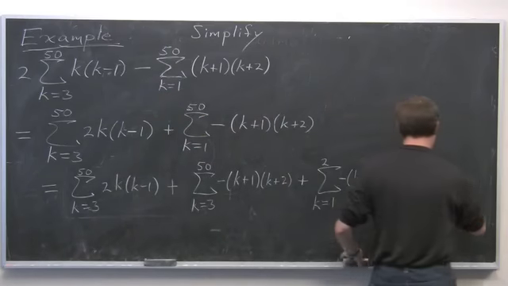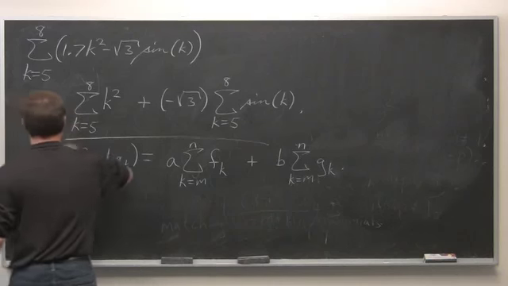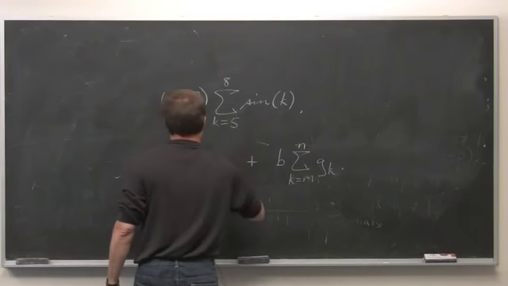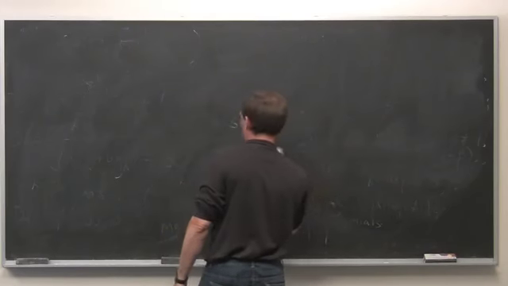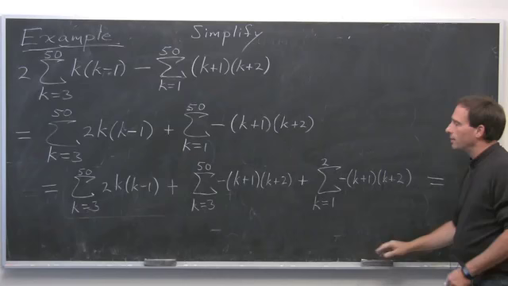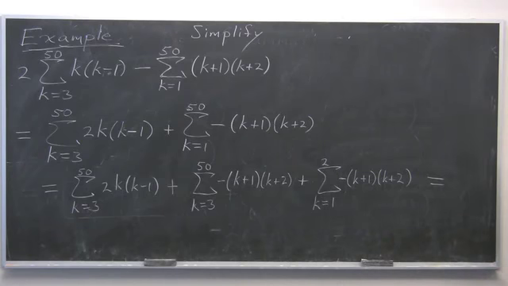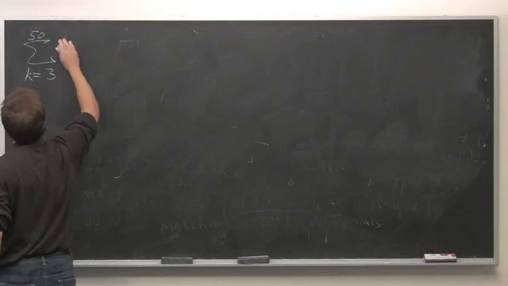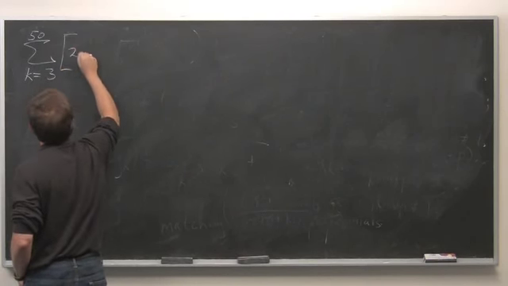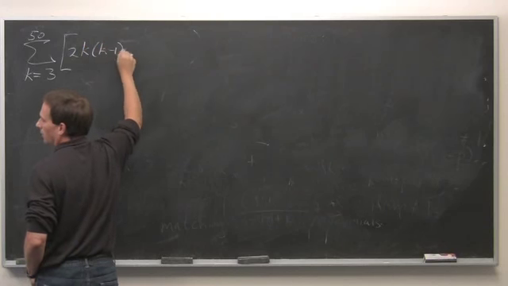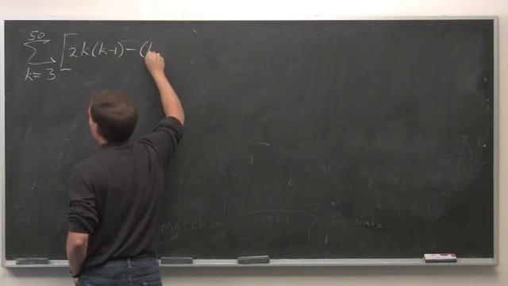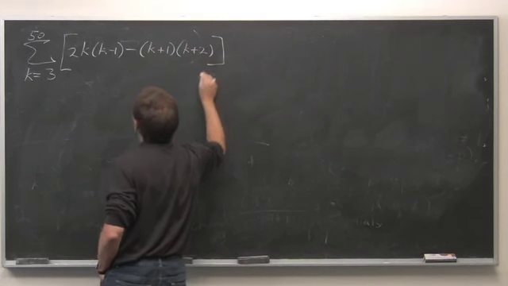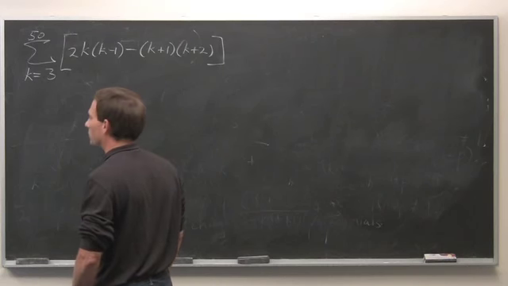So what we get is that the summation we started with is actually the sum as k goes from 3 to 50 of 2k times k minus 1 minus k plus 1 times k plus 2, that 2k times minus k plus 1, right?